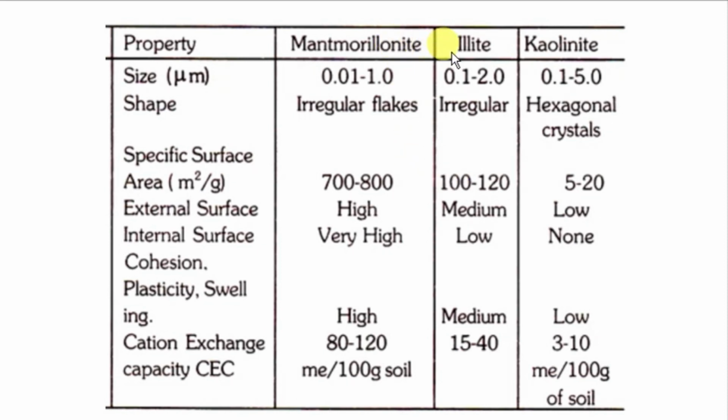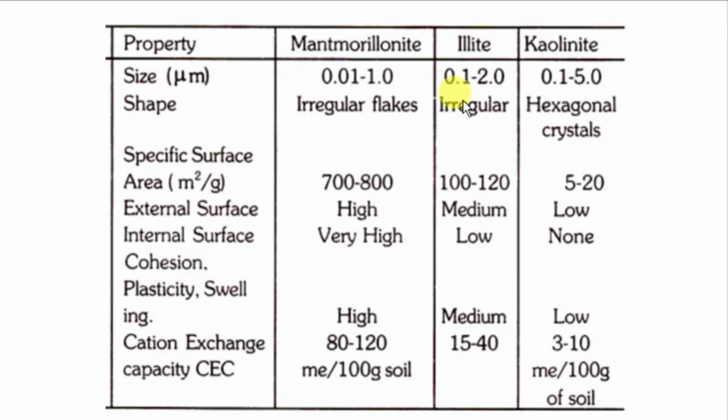Montmorillonite, illite and kaolinite. When it comes to cohesion, plasticity and swelling, montmorillonite swells highly compared to illite and kaolinite. Cation exchange capacity is greater for montmorillonite, and coming to specific surface area, generally, specific surface area is nothing but the area per unit weight, and this is also highest for montmorillonite.